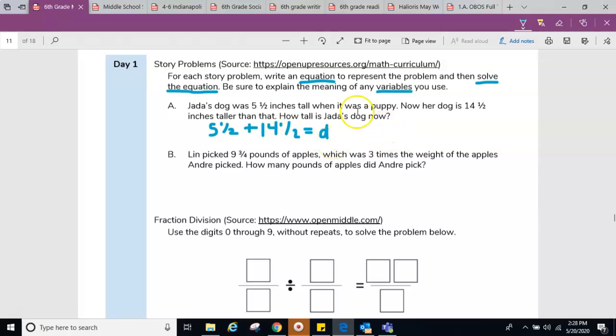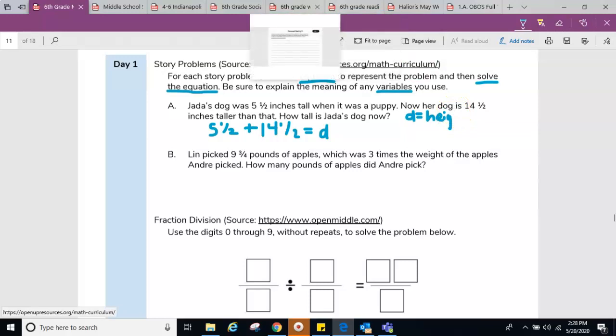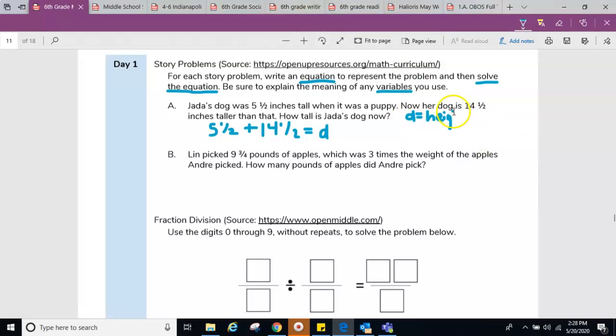So I'm going to write over here, D is the height of the dog. Height of dog, in inches.